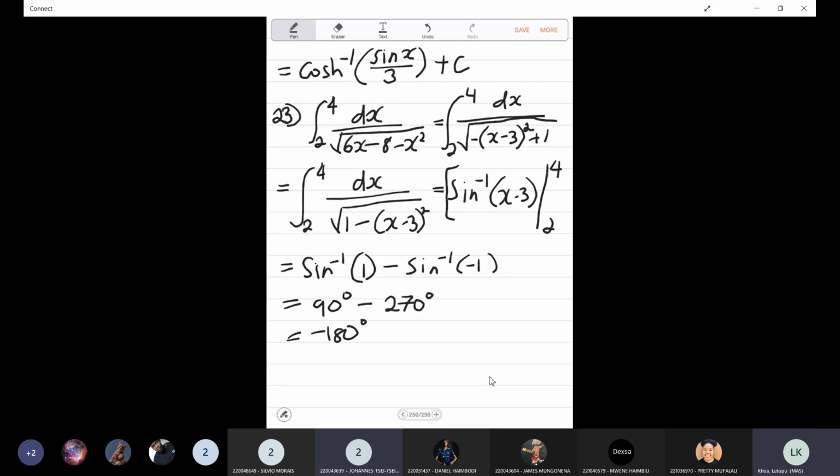Yes, I get positive 180. Yeah, on your calculator you do get positive 180, but if you are doing it this way, the answer should be positive 180.